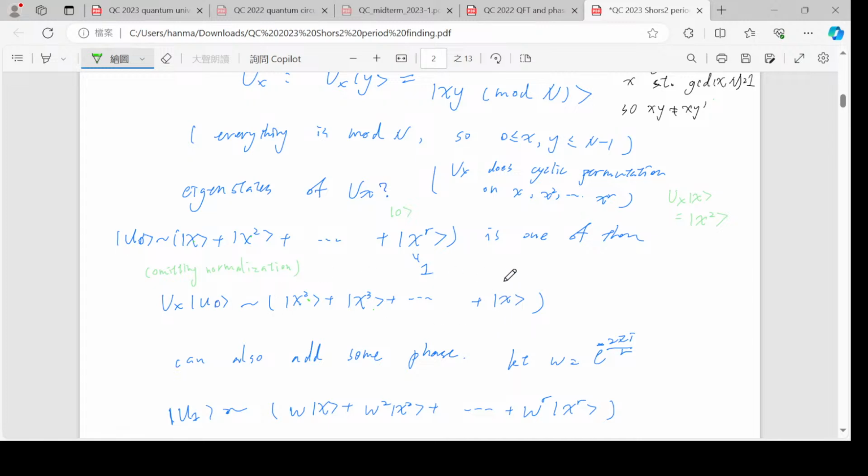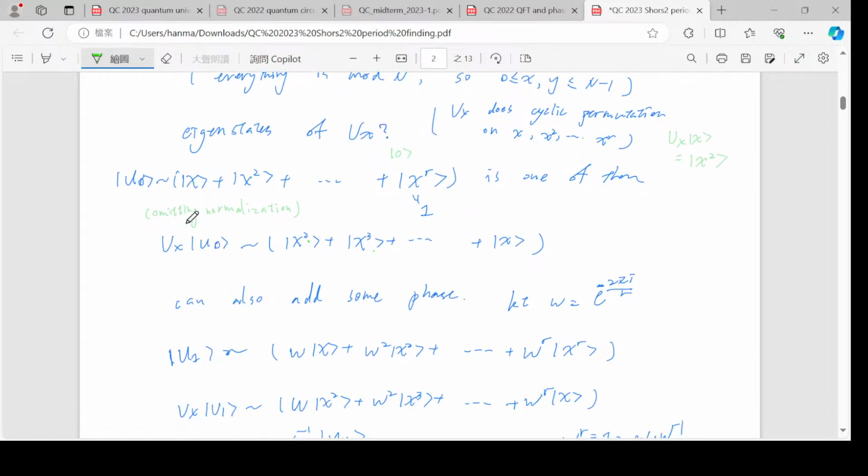And so you see that this thing is just this thing with some cyclic permutation. But you are adding vectors, and addition doesn't care about cyclic permutation. So this state equals this state. So we see that u0 is an eigenstate of Ux with eigenvalue 1.